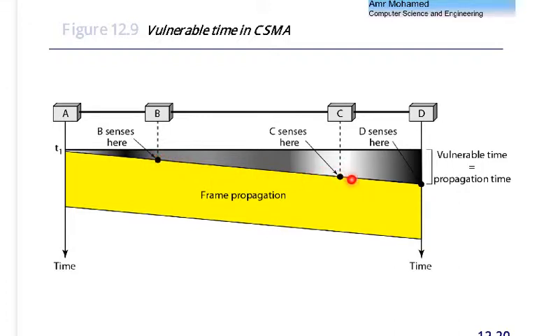So there is a time difference based on which each node can listen to the data transmitted from A. Therefore, we said that unlike Aloha and slotted Aloha, the vulnerable time here is the propagation time.